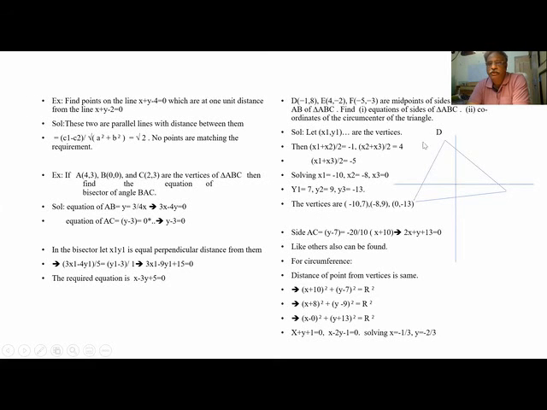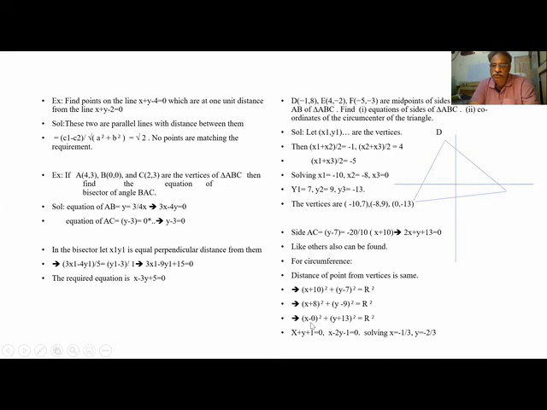Once I got all three coordinates, to find the circumcenter, again use r squared. So (x minus the first x) squared plus (y minus the first y) squared is equal to r squared, and similarly for the other two vertices. So I have to solve these three. After solving these three, the x squared terms cancel.